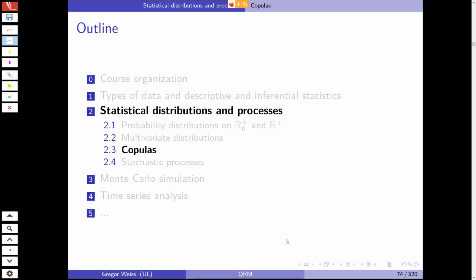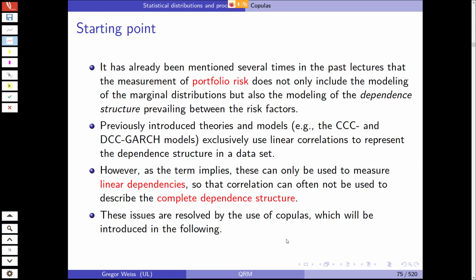So let's turn to copulas, which are an instrument with which you can combine univariate distributions and come up with new multivariate distributions. The starting point is that we've already seen several times in past lectures on finance, on banking, in financial risk management, that we are concerned about portfolio risk and we want to measure portfolio risk.